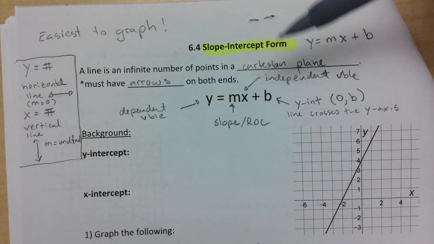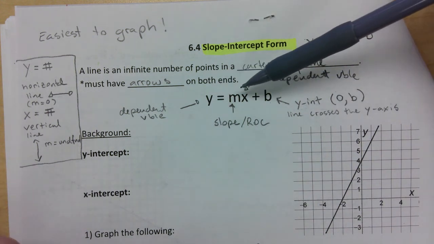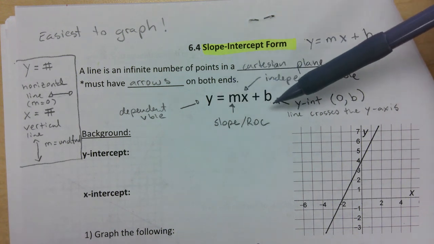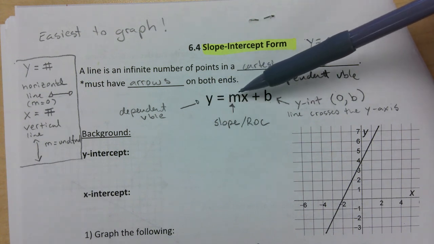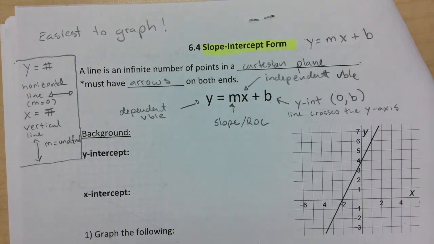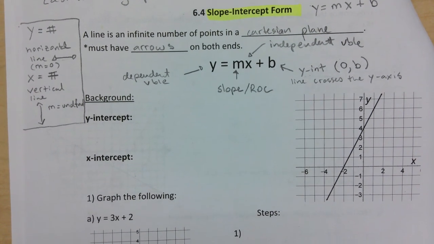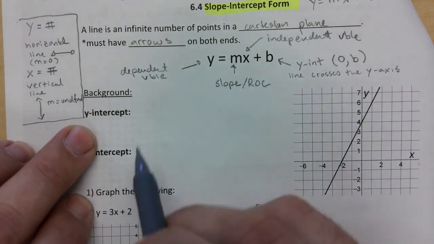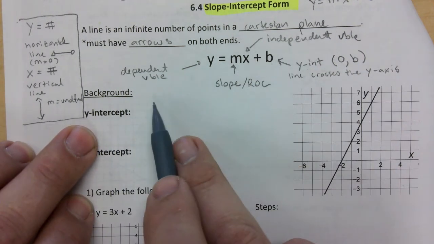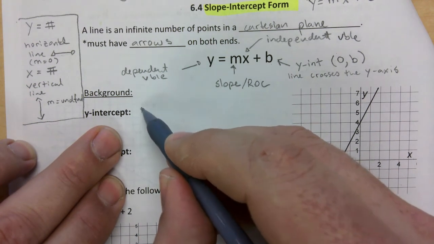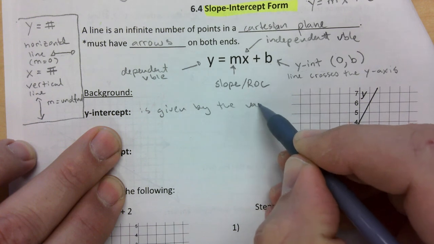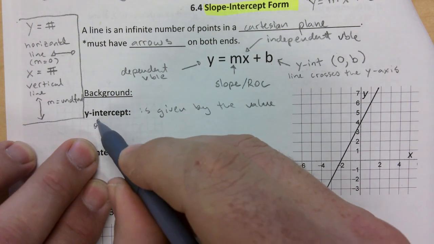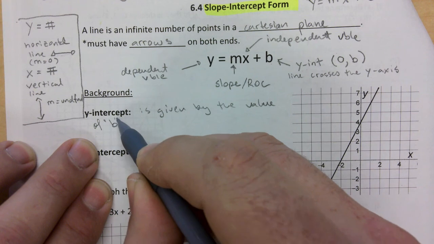And remember, there's still domain and range in play, right? You could write this as a function. Remember that? Writing this as a function, you'd have f of x is equal to mx plus b. And so that is all still there, but we're not going to dwell on that too much, okay? So I'm going to basically rephrase everything I just told you. The y-intercept is given by the value of b, right?